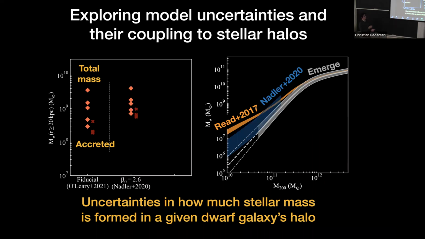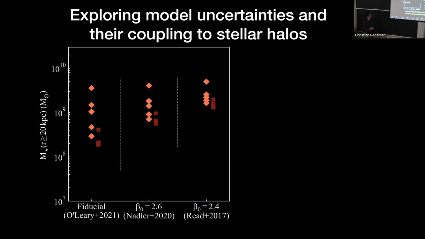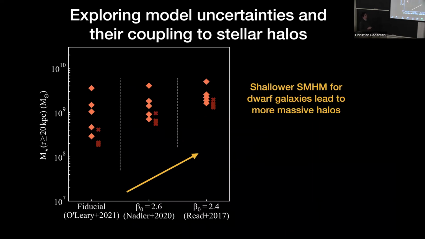Okay. And what happens if you do that is you can see the crosses, the accreted component goes up. And that makes sense because you're allowing each dwarf galaxy to yield more mass, basically. So as you have shallower stellar mass to halo mass for dwarf galaxies, you build more massive halos that are increasingly accreted.